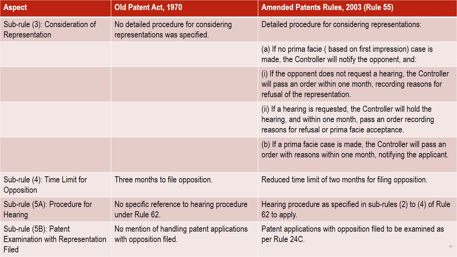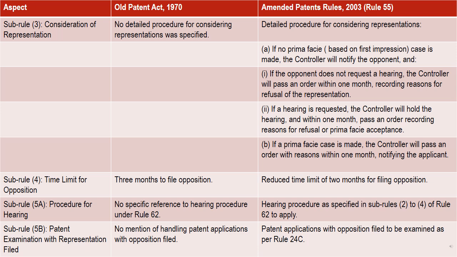Second one, Sub-Rule 5B. If a patent application is opposed and the controller has issued a notice to the applicant under Rule 3, that application will now be examined under the process outlined in Rule 24C, which deals with timelines for examination.